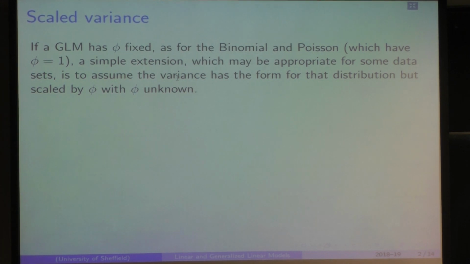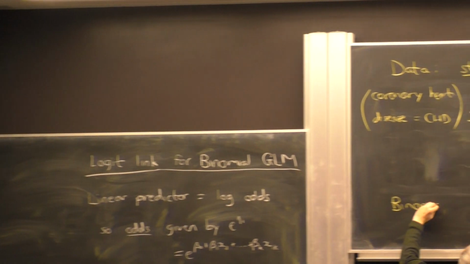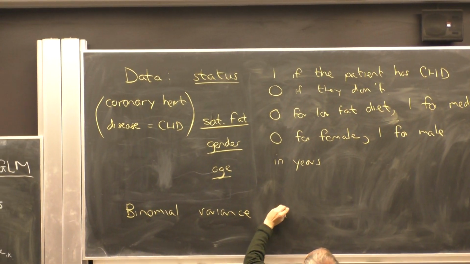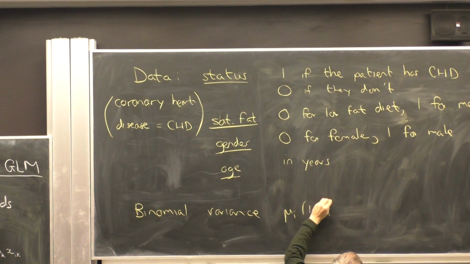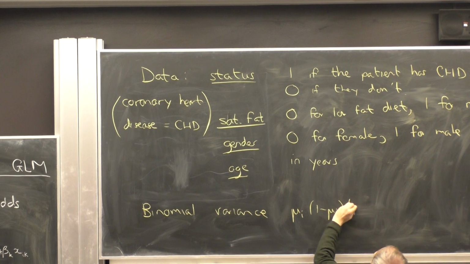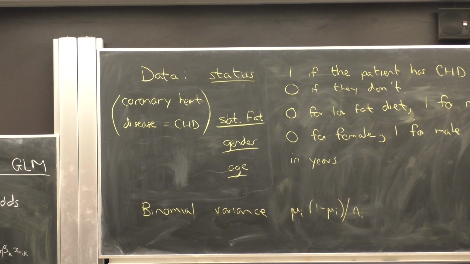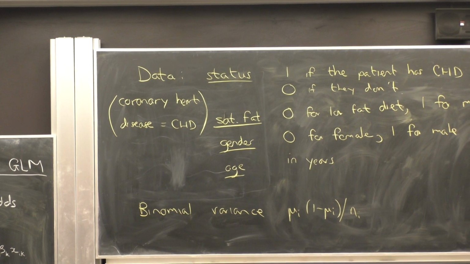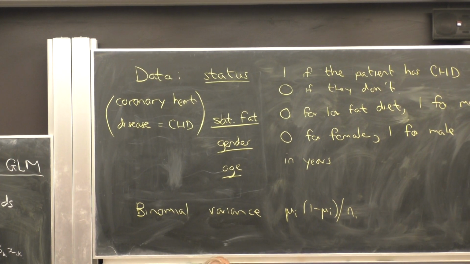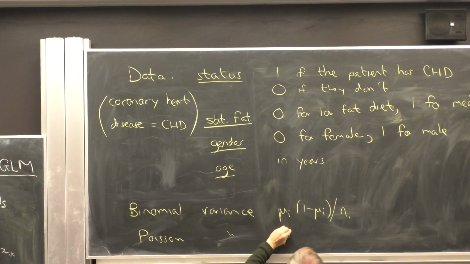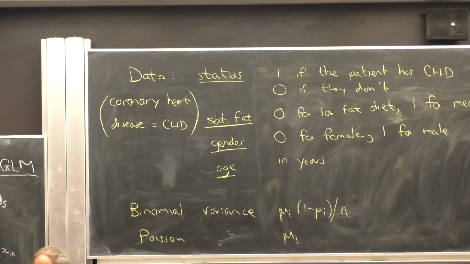Okay, so for the binomial, the variance is mu_i times (1 minus mu_i) over n_i. So that's what we had for the binomial variance. And for the Poisson, it's simply mu_i.